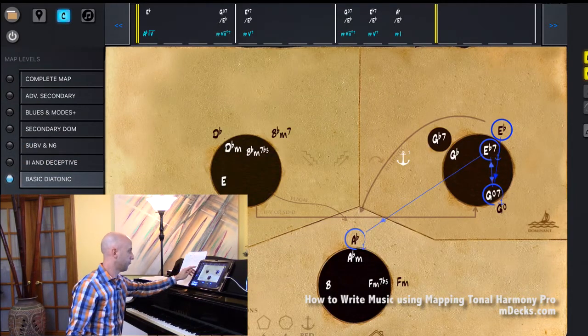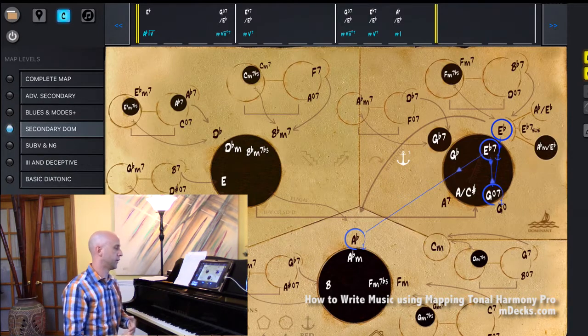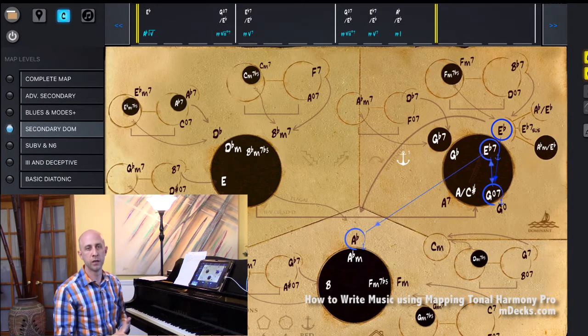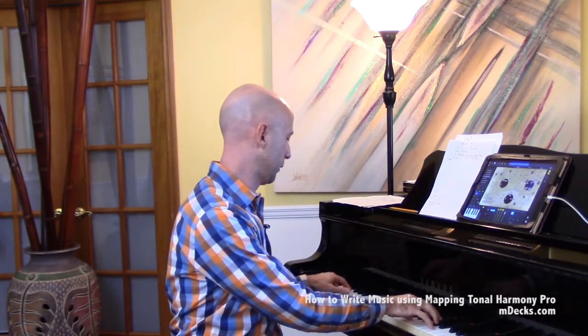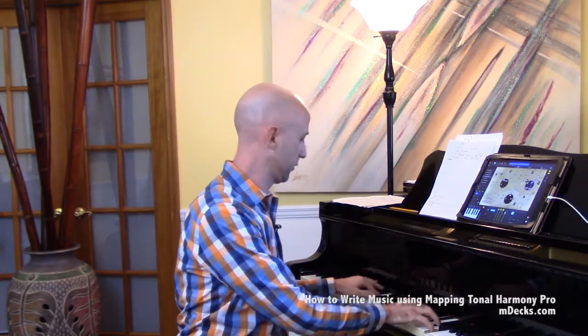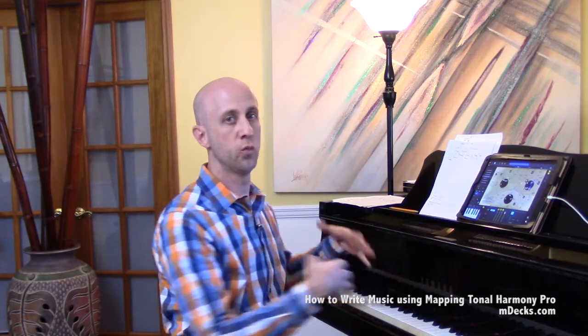Let's change the map to view some of the secondary dominant chords of our key before we talk about that. One of the things that makes learning and applying and talking about diminished chords so difficult is the looseness by which you can interpret whether it is this or that, because we just talked about how this 4-note grouping could be this chord, this chord, this chord, or this chord. So which one is it?